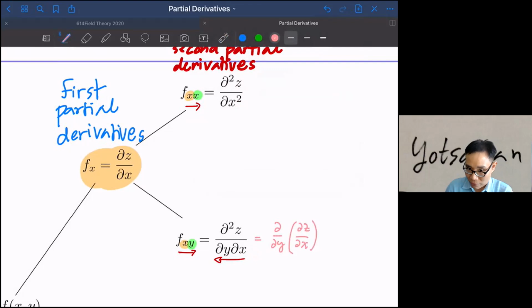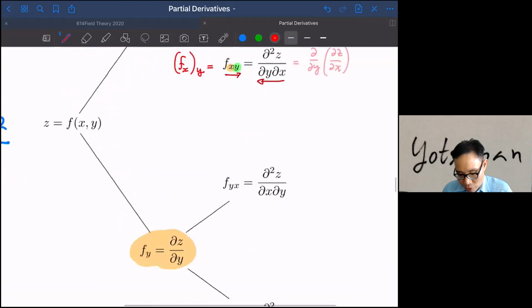It looks like this because of this. However, on the other side, you just have fx first and then you continue with y. So the notation turned out to be kind of different. When you read this notation, please be careful. One is going to be left to right and one is going to be right to left.